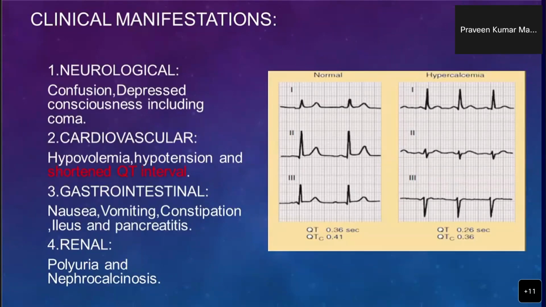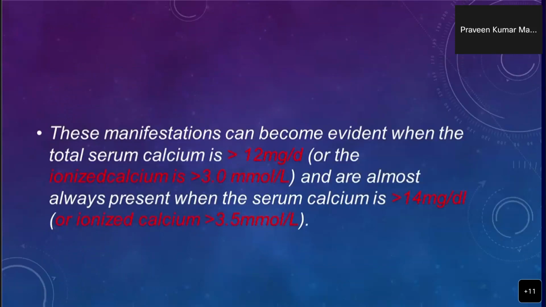Here are the ECG changes of hypercalcemia, which include the shortened QT interval. The manifestations become evident when the total serum calcium is more than 12 milligram per deciliter, or the ionized calcium is more than 3 millimoles per liter, and are almost always present when the serum calcium is more than 14 milligram per deciliter.